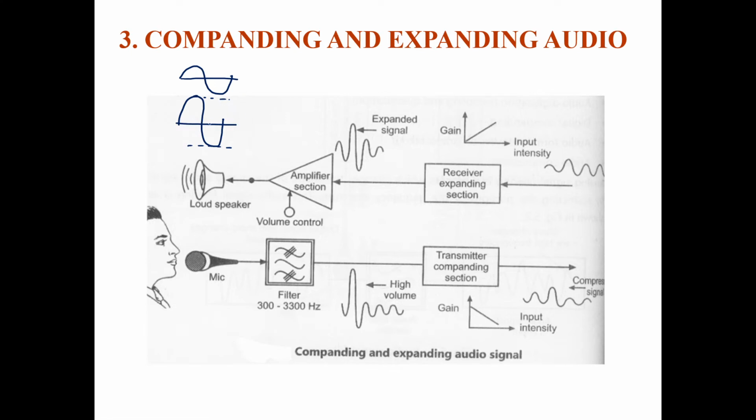So the signal seems to be compressed, but you're not dealing with the frequency in this case, you're just increasing the amplitude of that signal. Okay. So you have filtered your signal, then in the compression you have artificially boosted it. So compression takes place, and expansion at the receiver side, where you get the original signal back.